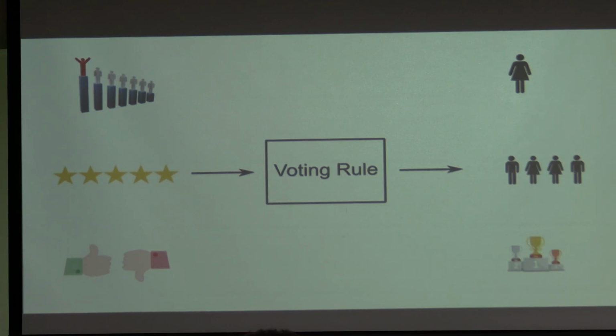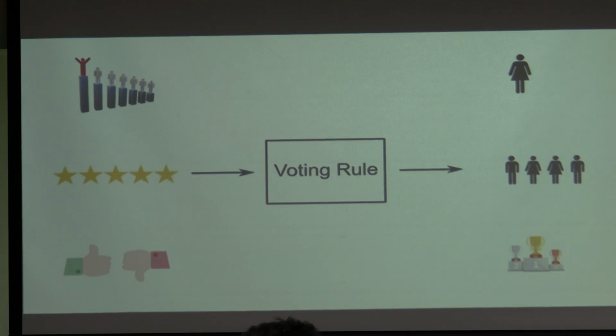Preferences could also be in the form of approvals or disapprovals, like, dislike. You may not be able to rank all the movies on IMDb, but you can say, I like these 10 movies and others I don't care about. Things like that. The preferences can have very complex structure, but for us today, we'll just assume that preferences are given by these nice, clean, strict rankings.